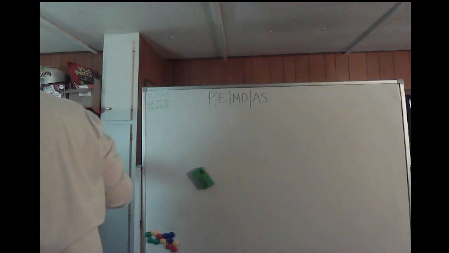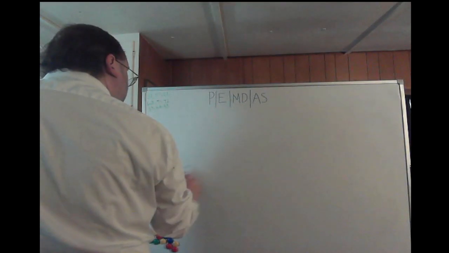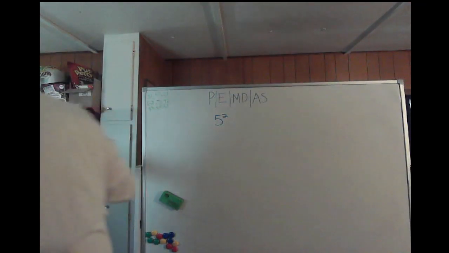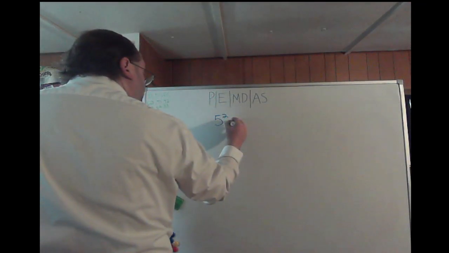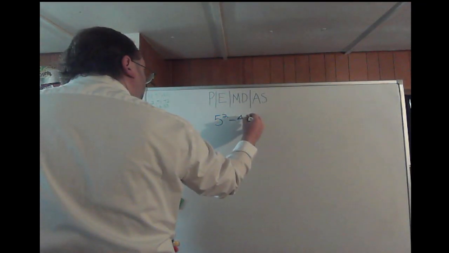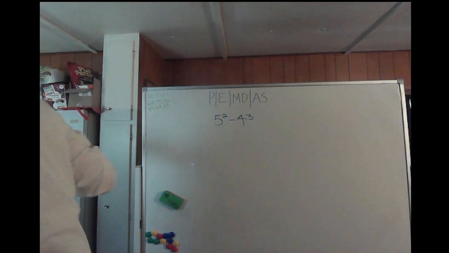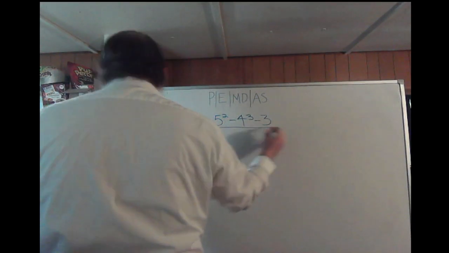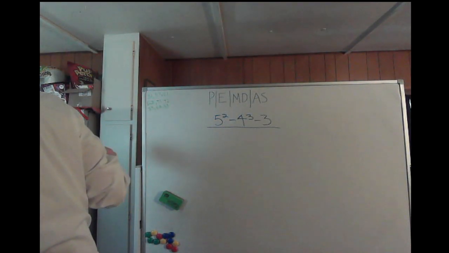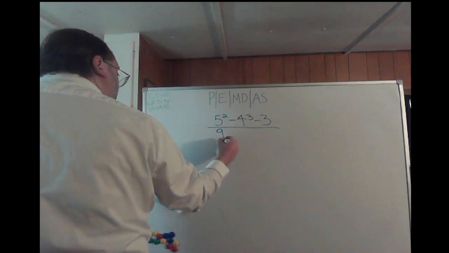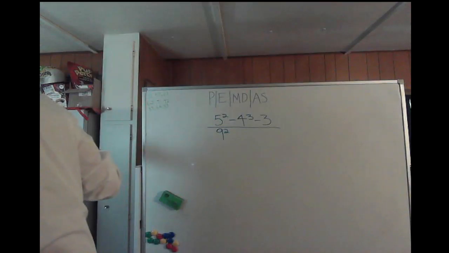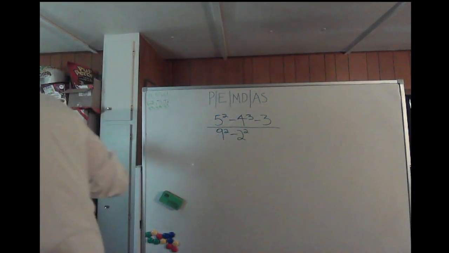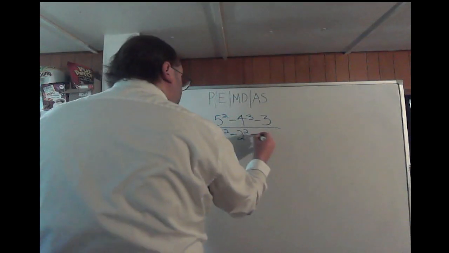Alright, how about we got, in the numerator, we got 5 to the 2nd power minus 4 to the 3rd power minus 3, all over 9 to the 2nd power minus 2 to the 2nd power minus 1 to the 5th.